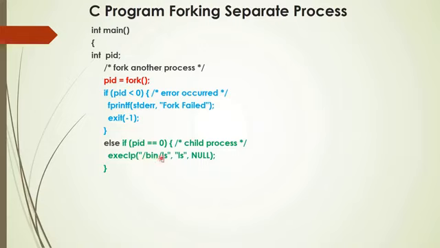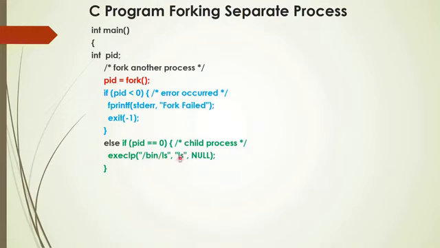Here the ls command is executed. So the parameters to be specified are where that ls command is stored. It is stored inside the bin directory, so we have to specify the path of ls, and the command is ls, and the third parameter is not required, so it is put as null. So the child process will replace its program with this ls.